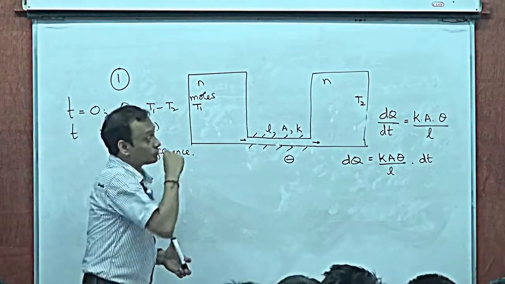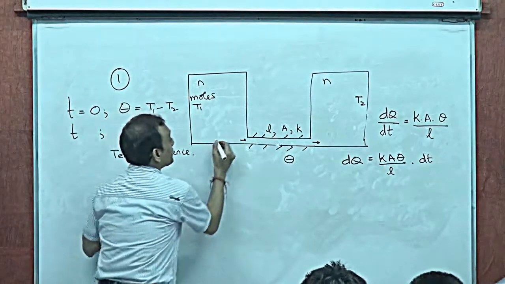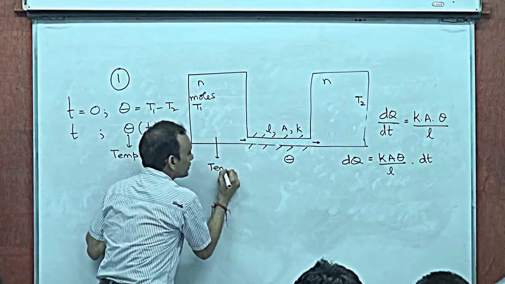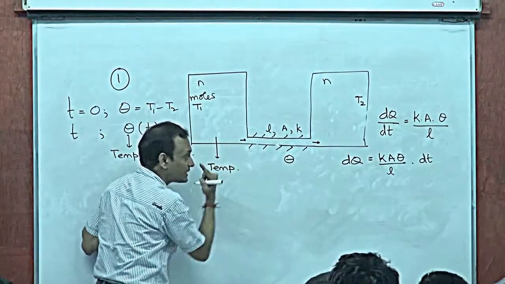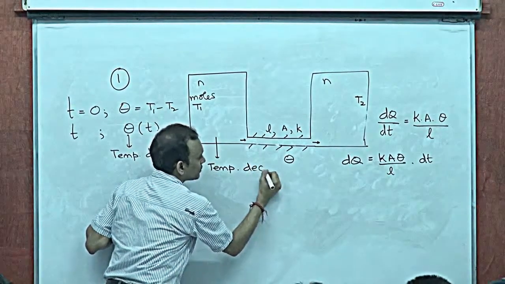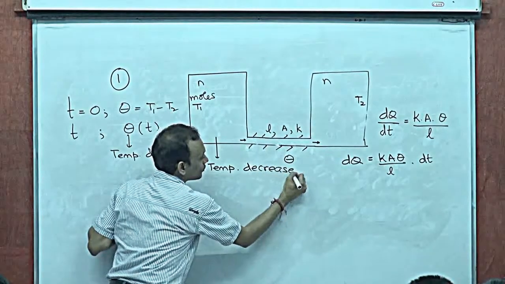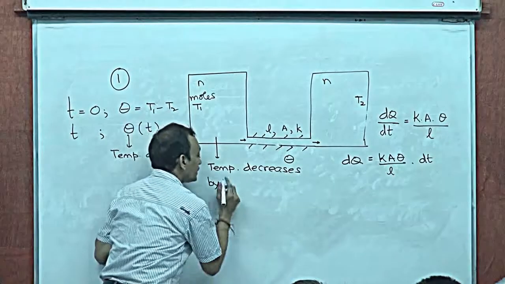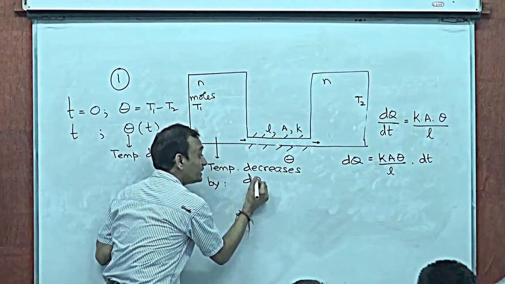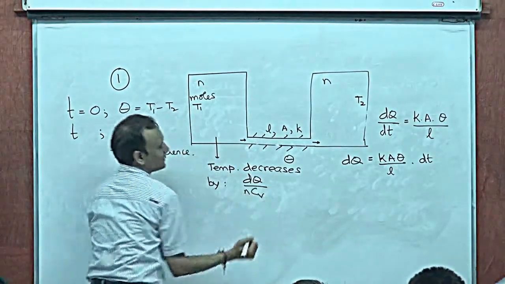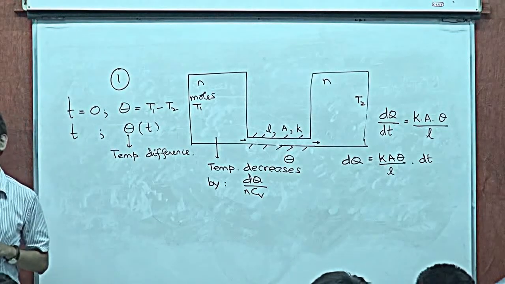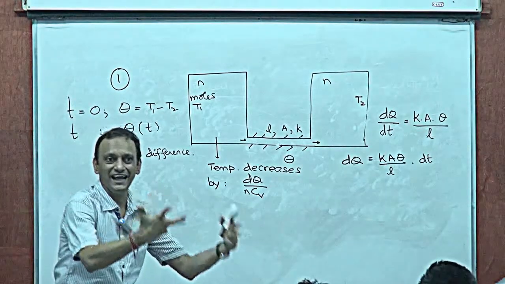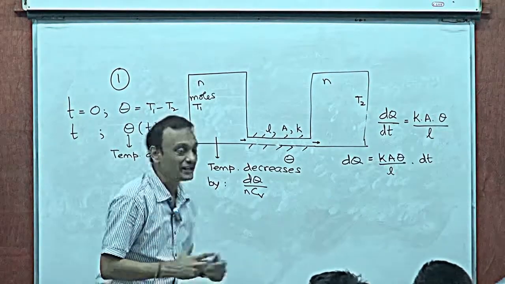Which means the temperature of this, in a small time dt, decreases by an amount dQ divided by nCv, because the heat is at the expense of internal energy.